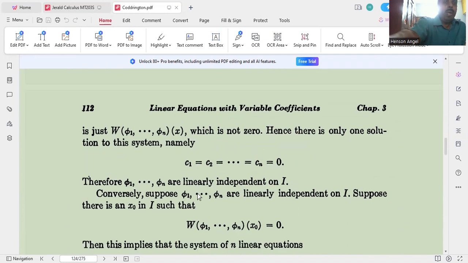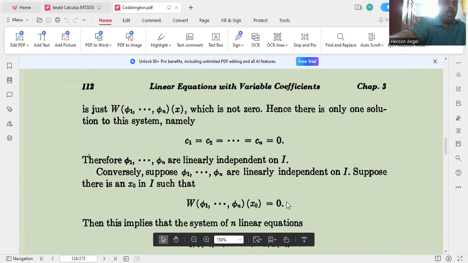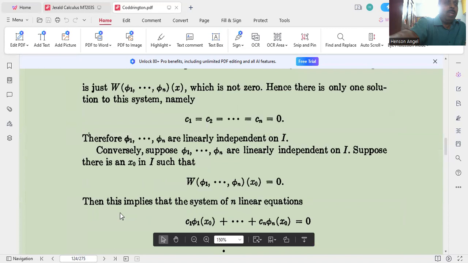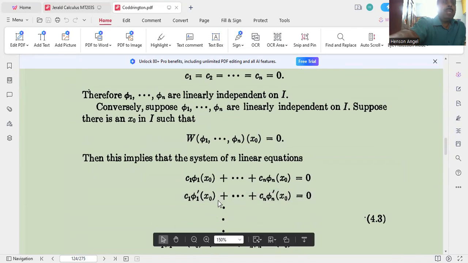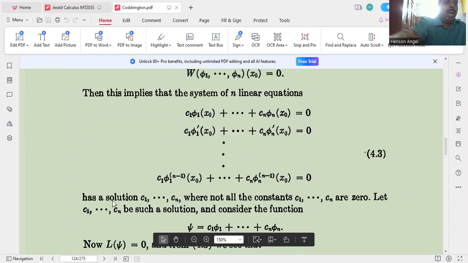Suppose phi 1, phi 2, phi 3, ..., phi n are linearly independent on the interval. Suppose there is a point x0 in I such that this function of x0 equals 0. Then this implies that the system of n linear equations has solutions C1, C2, C3, ..., Cn, where not all the constants C1, C2, ..., Cn are 0.